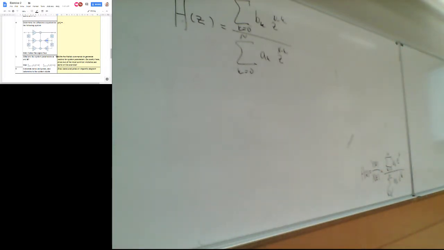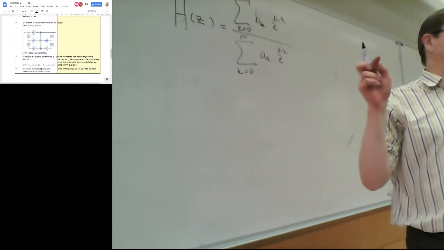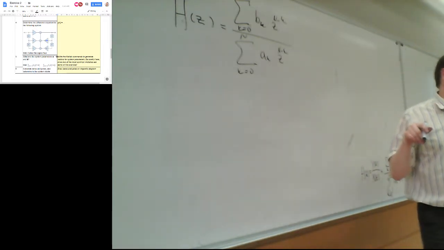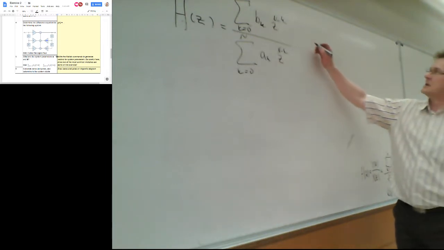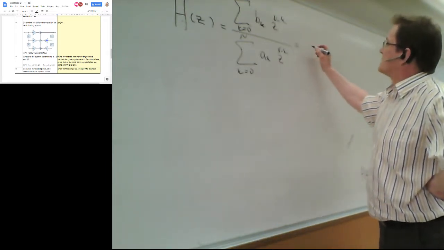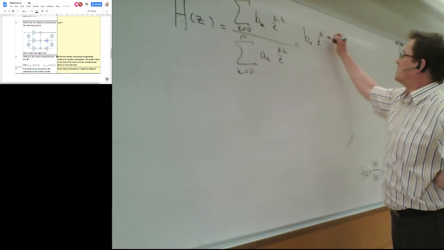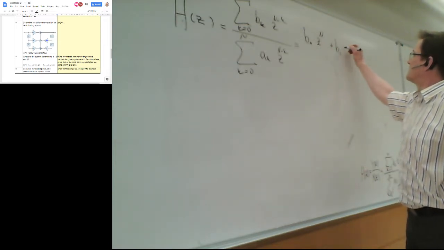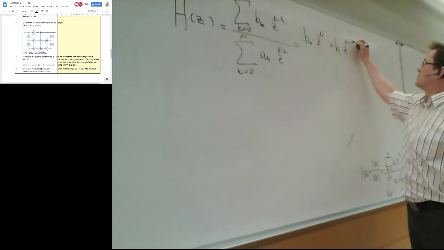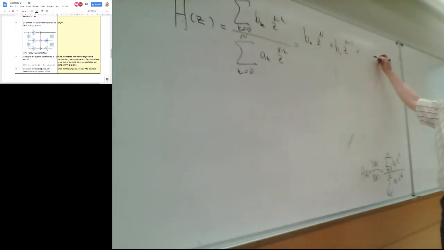So we multiply it by number 1, which is z to n divided by z to n. So we have b0 times z to n plus b1 times z to n minus 1 plus and so on plus bn.